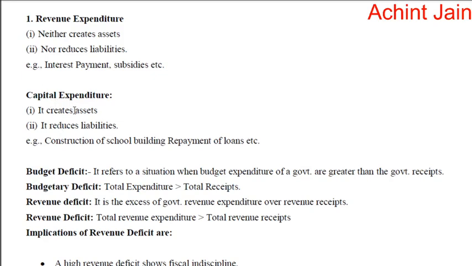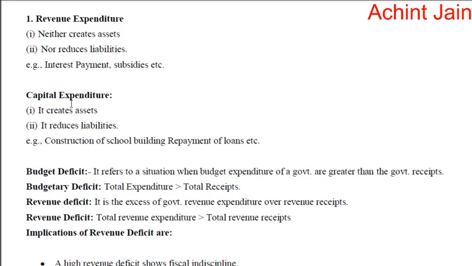The plan capital expenditure is related to the 5-year plans and central assistance for state and union territory plans. But we also have non-plan capital expenditure. Non-plan capital expenditure refers to the expenditure which is not related to 5-year plans.